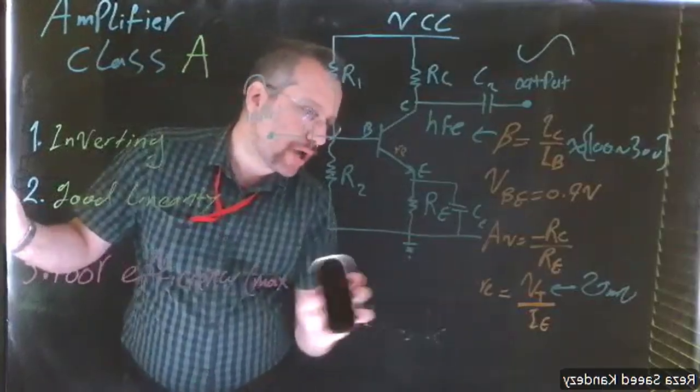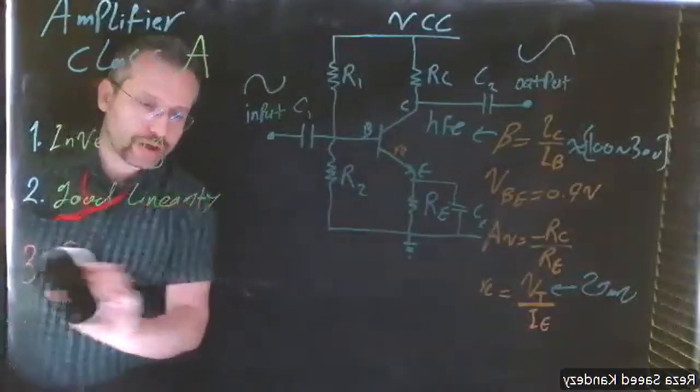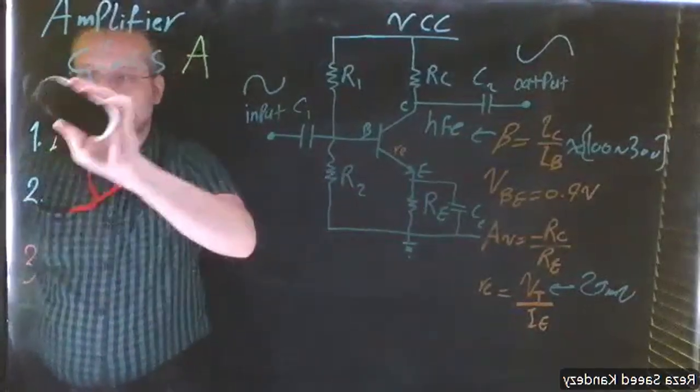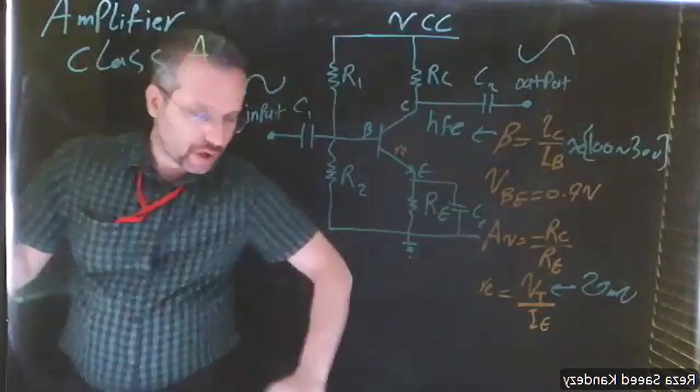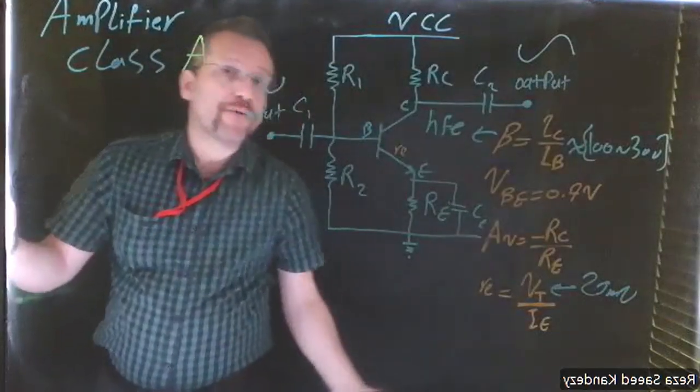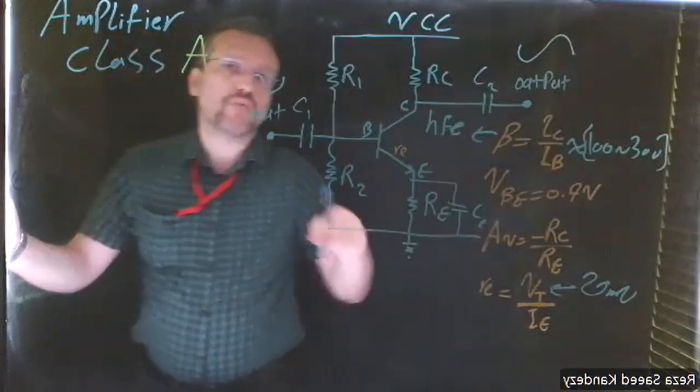Now, this is the theoretical discussion that we need for our class A amplifier. Now let's go over an actual design for a specific requirement. You can have different requirements when you want to design.